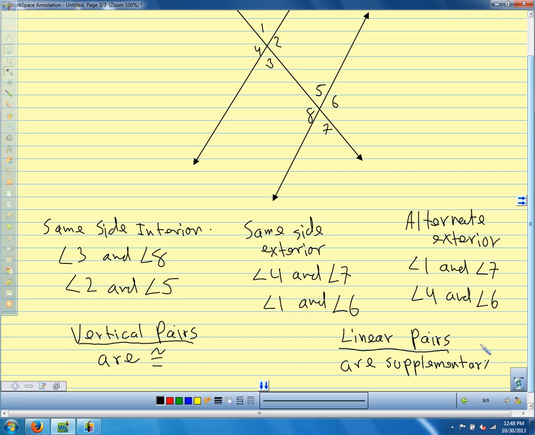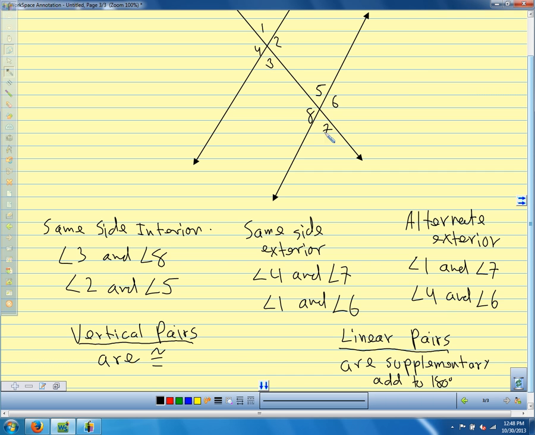And supplementary means what? Add to 180. And we have lots of linear pairs here. Here and here, here and here. These two, here, here, here, here. So lots of linear pairs here.